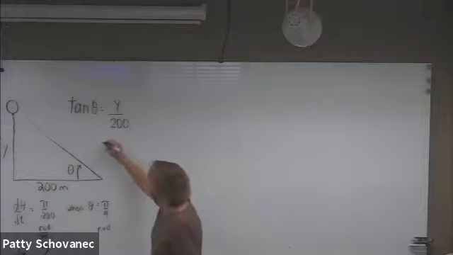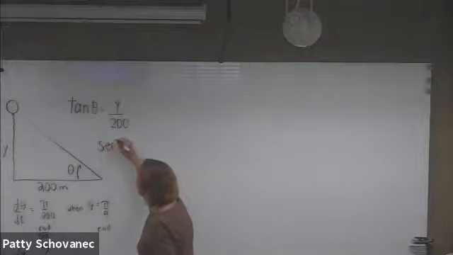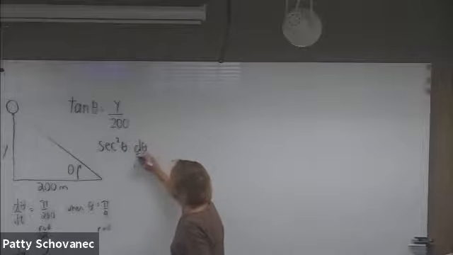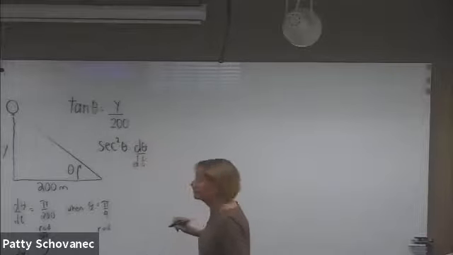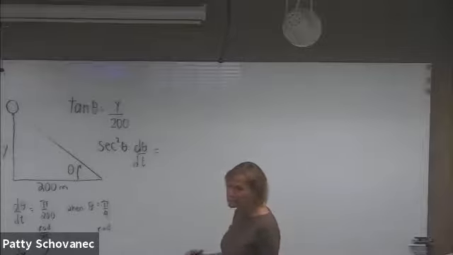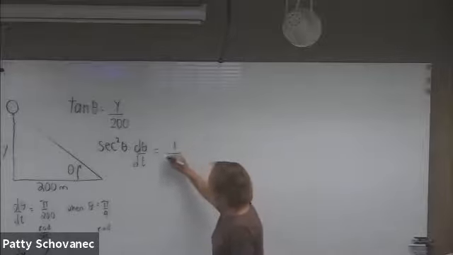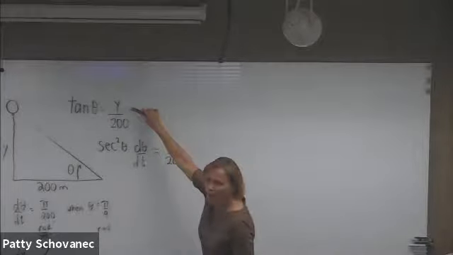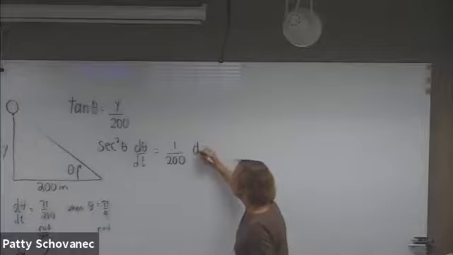Derivative of tangent is secant squared theta times d theta dt. I don't need to use a quotient rule on the other side because the 200 is a constant. I can pull 1 over 200 out and now take the derivative of the y, and that's our dy dt.